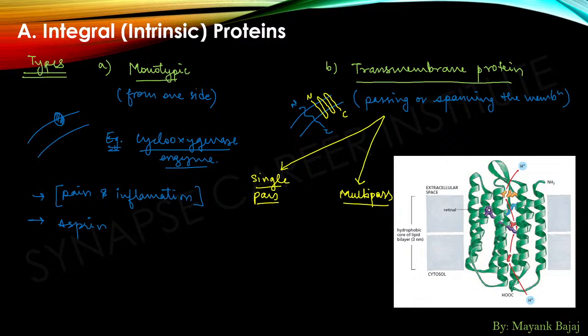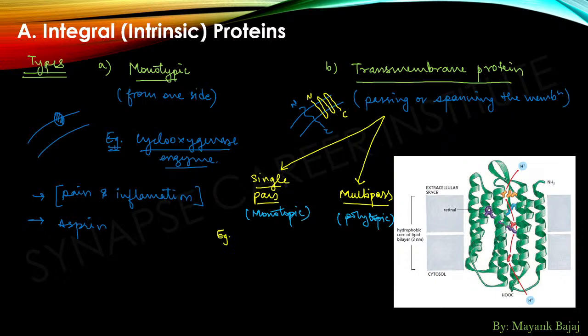Single pass proteins are also called monotopic proteins. And multipass are called polytopic, right? Polytopic.